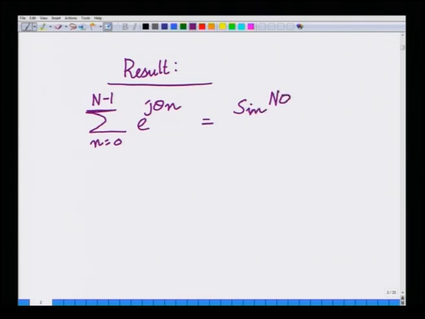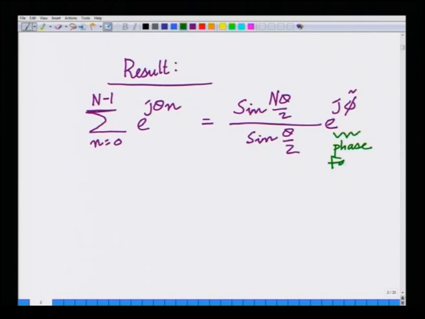This is sin n theta over 2 divided by sin theta over 2 into e power j phi tilde, where e power j phi tilde is some phase. So, this is essentially some phase factor. We do not care about this phase factor because it does not affect the power.